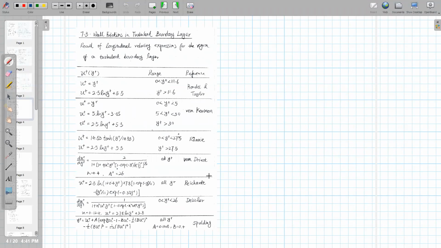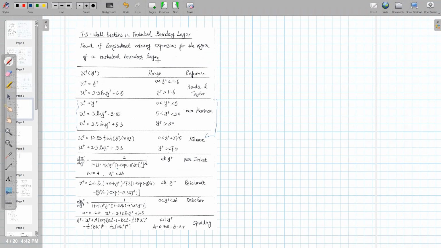Remember that in the last class we talked about the velocity distribution close to the wall. This is what we wrote at the end of the last class, one common velocity profile in the region very close to the wall.